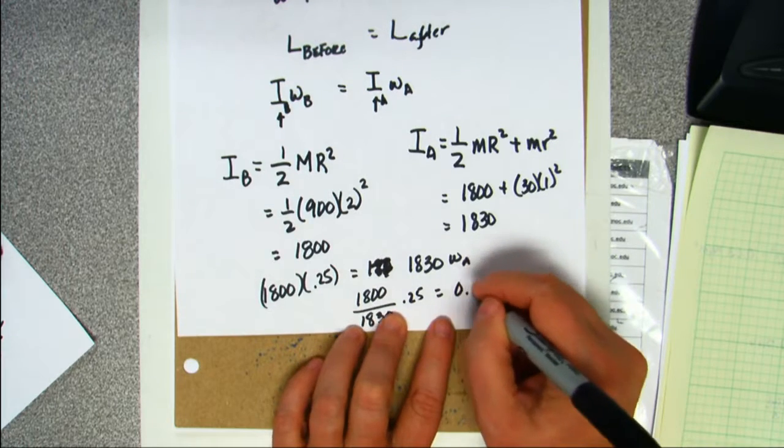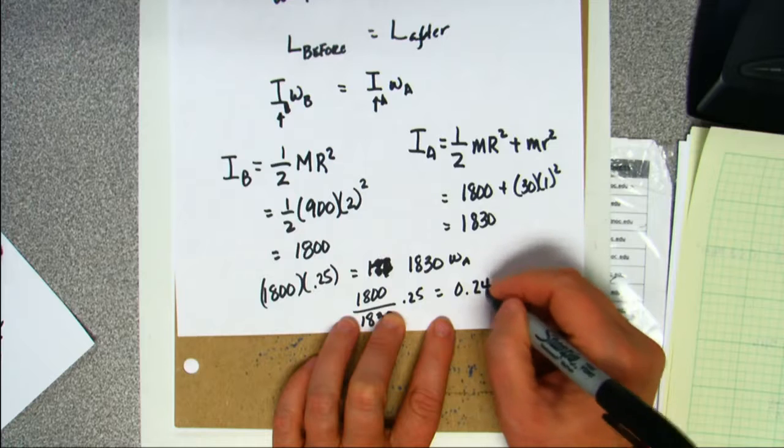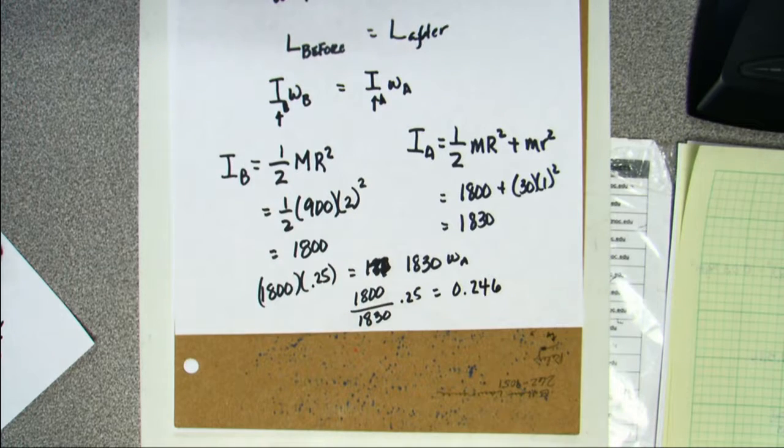That gives me 0.246. So we get a drop. But that's not what the merry-go-round does, right? That's not why we call it a merry-go-round.